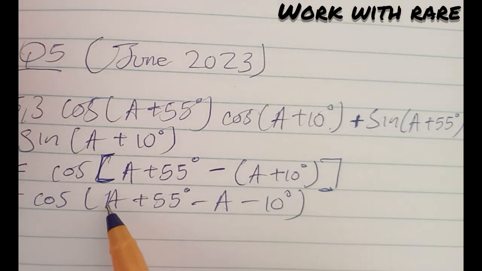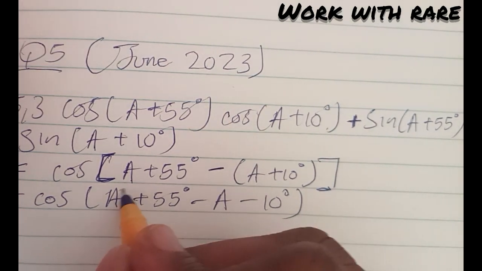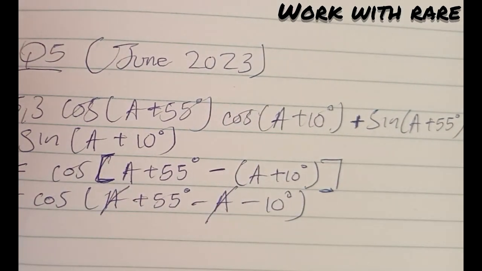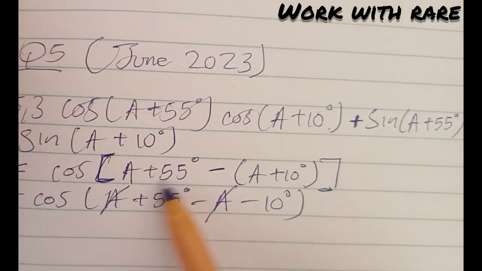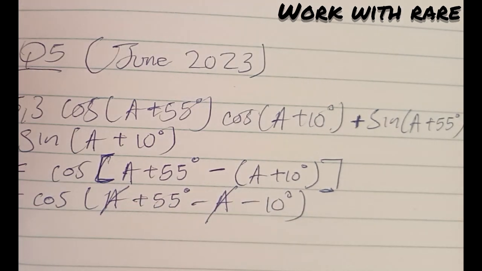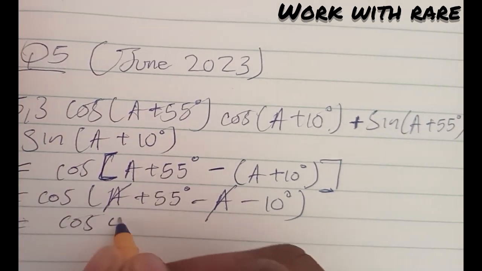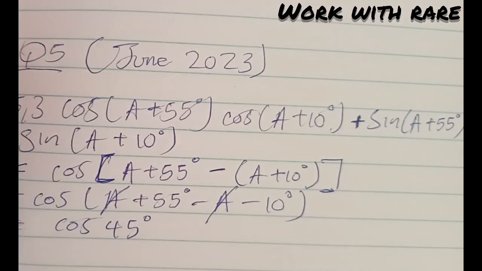I have a minus a, which is 0, so this a cancels this a. And we have positive 55 minus 10, which is 45. So we have cos 45, and we know 45 is a special angle.